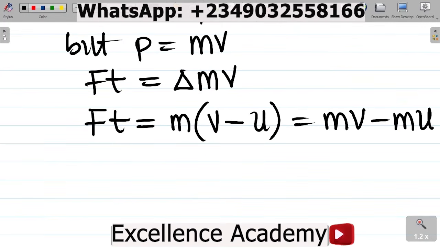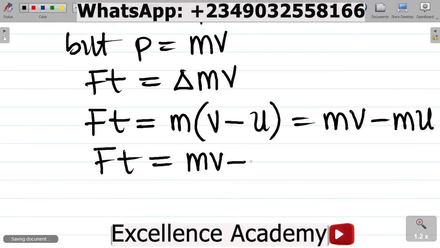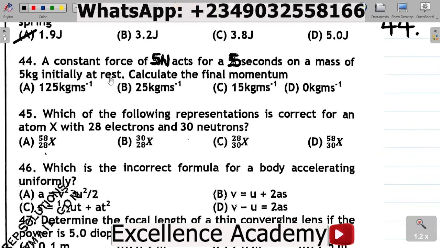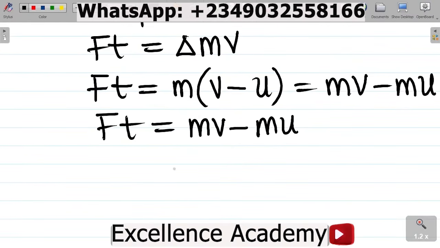We have this. All right, so from here, we have force times time being equal to mass times final velocity minus mass times initial velocity. Looking at the question that they said initially at rest. When a body is initially at rest, it means that U is equal to 0.